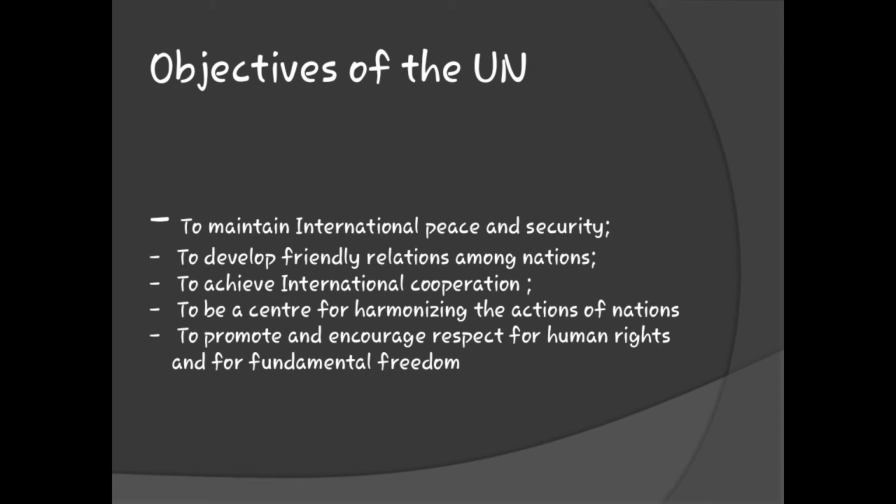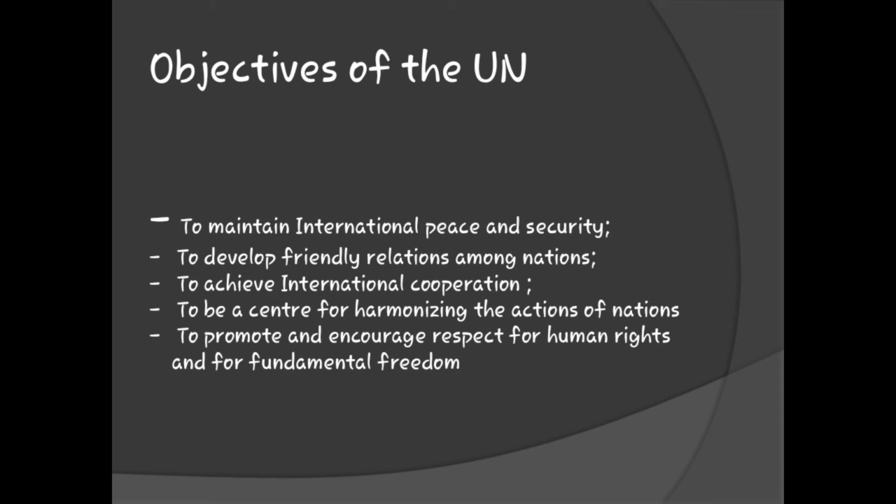Besides these objectives, there were 3 new objectives, including disarmament, decolonization and development. Now what is disarmament? Disarmament means to give up weapons. In the previous slide, when I spoke about the reasons, I told you about an armament race that was coming up.